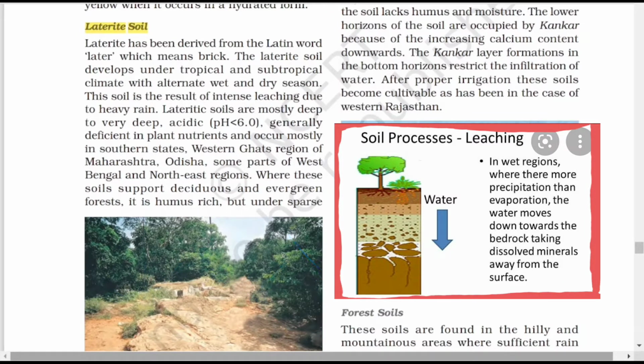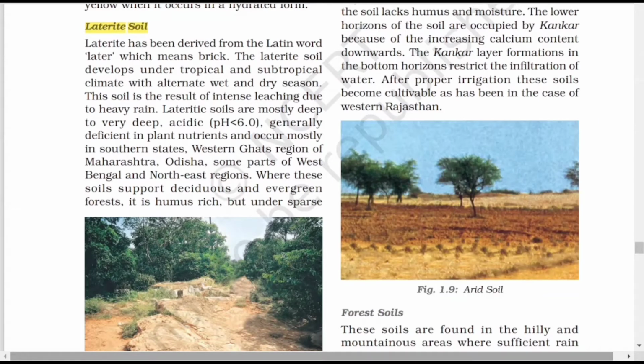Let me know. Did you understand leaching? Please do respond. Yes, ma'am. Leaching means whenever there is rainfall on the top layer of the soil, some of the minerals will dissolve along with the water and go inside the ground. Now, when so many minerals of the top layer go inside the ground, the top layer will become infertile.